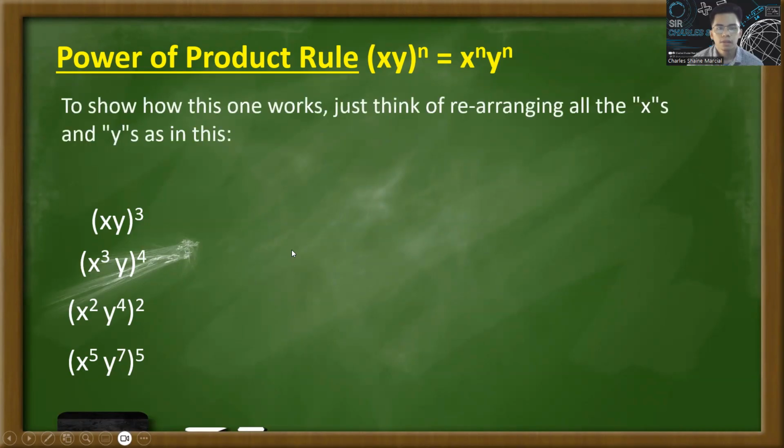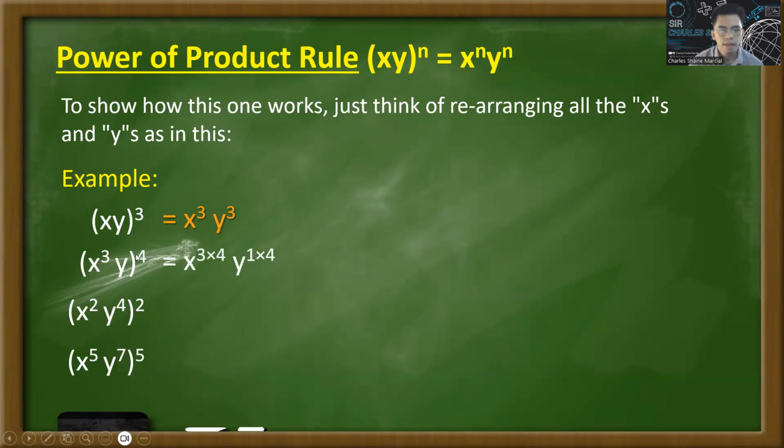Okay? So to show how this one works, just think of rearranging all the x's and y's as in this. Okay? For example, ilalagay lang natin or imumultiply lang natin lahat ng exponent dito sa base kay 3. So we have x cubed, y cubed.